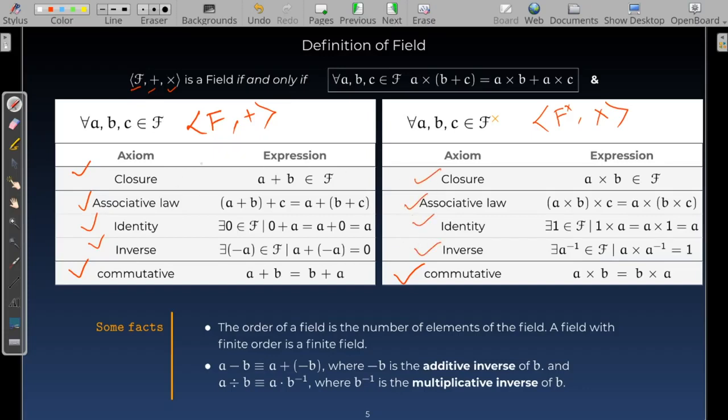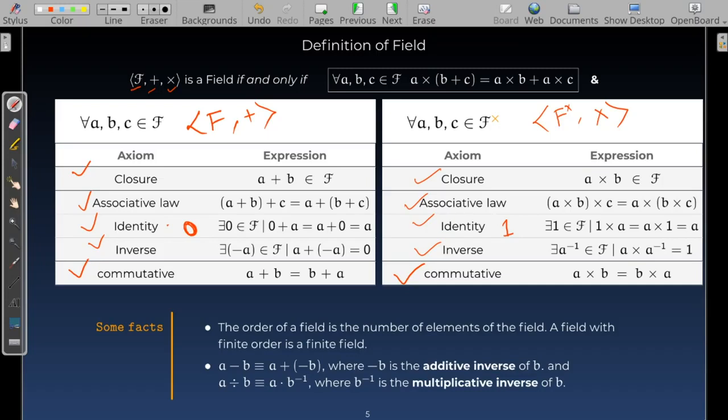The identity element with respect to addition is called the additive identity or zero element. So zero is going to be our identity element. In a similar manner, 1 is called the unit element, or multiplicative identity.